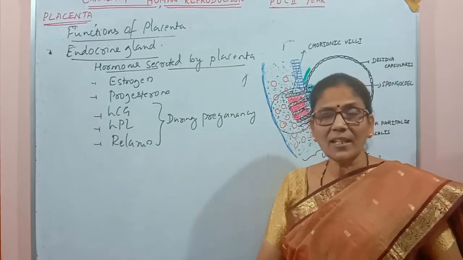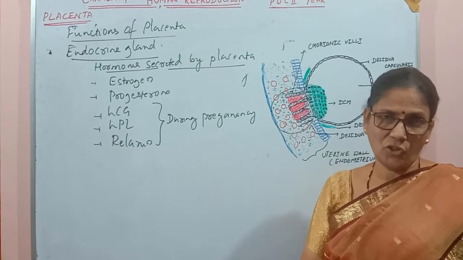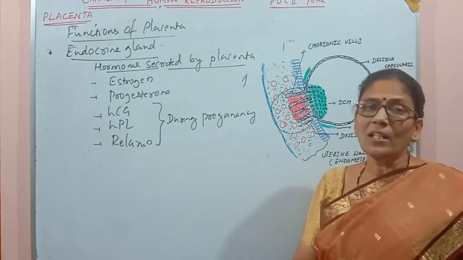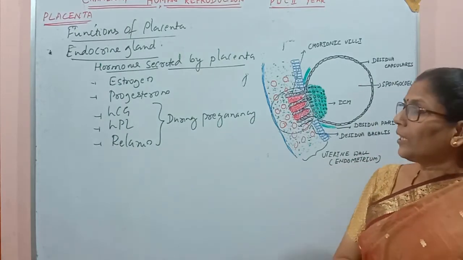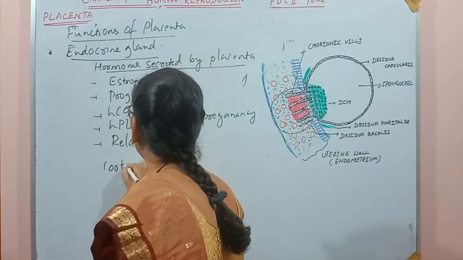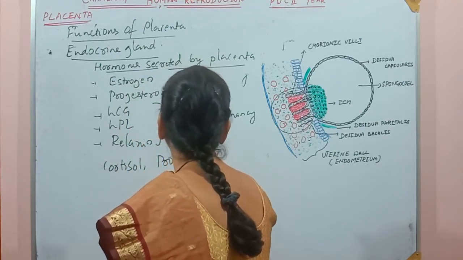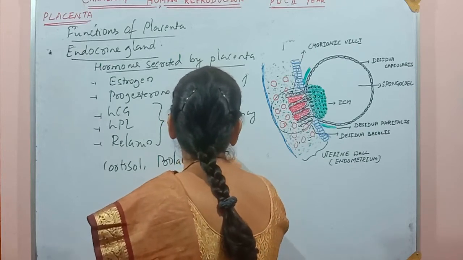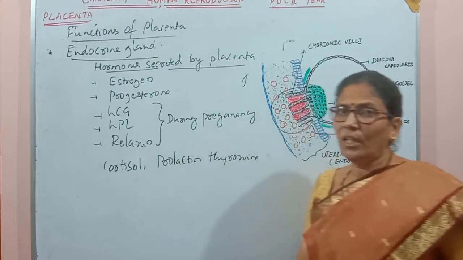So relaxin is the hormone which is secreted later at the time of parturition, for the dilation of the cervical canal. Apart from this, there are many hormones like cortisol, prolactin, thyroxine, estrogen, progesterone.